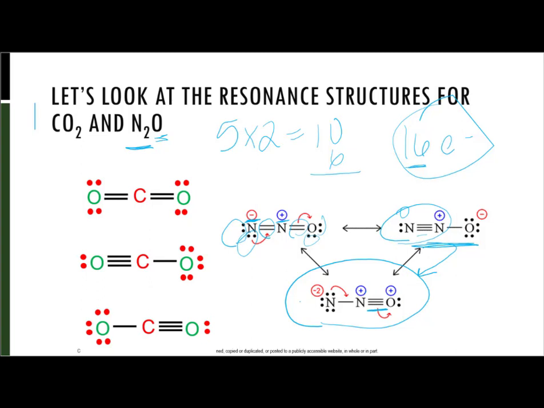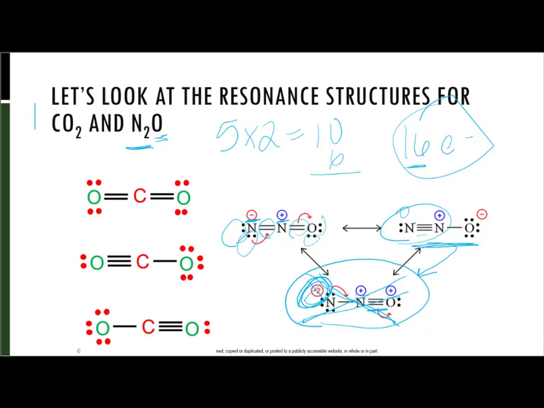Which one do you think would be the most stable resonance structure? Well, if we look at these structures, notice that in this bottom one we would have a negative 2 charge on this one end of the structure versus a positive, and this is going to be a pretty large formal charge. This is probably not going to be very stable.